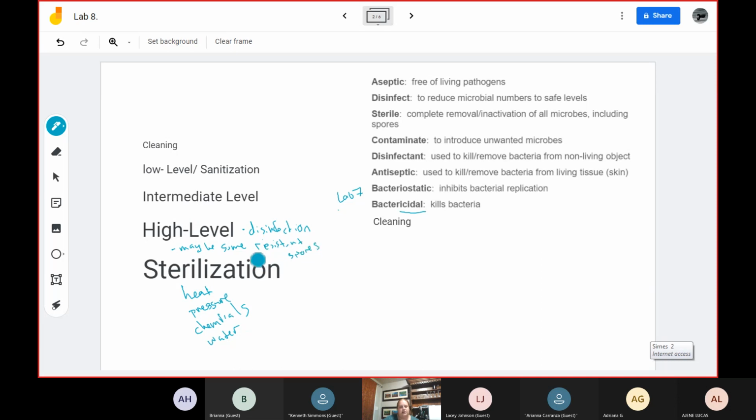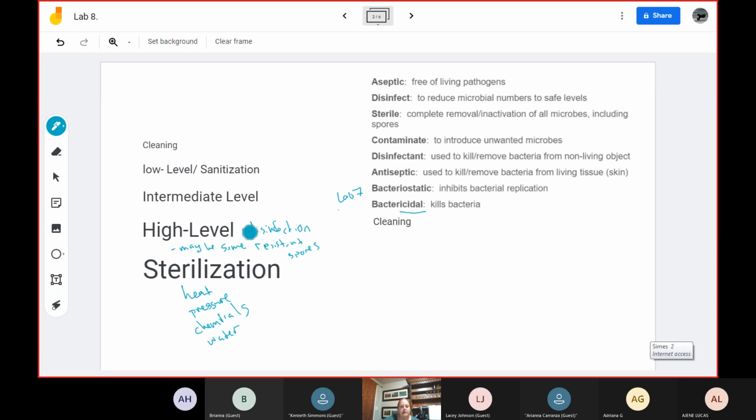A high level disinfection, I think an example of this would be pasteurization, where you're going to be killing most things, but you may still have some bacteria that was able to endure those high temperatures or pressures, and you may need to be checking for those contaminants, so those unwanted microbes.